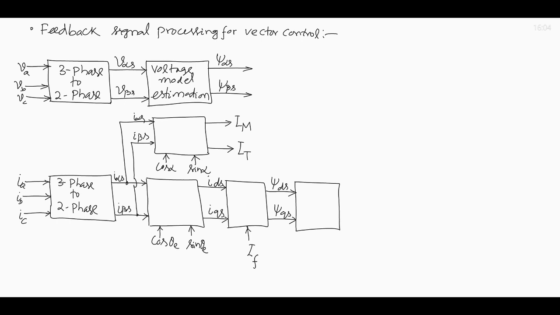And again psi ds and psi qs, using cos theta E and sin theta E, are converted to psi alpha s and psi beta s.